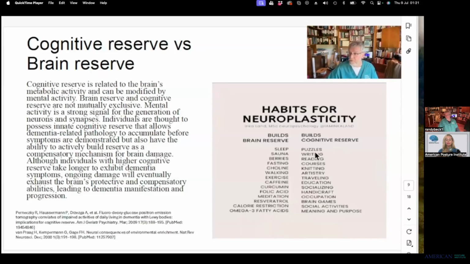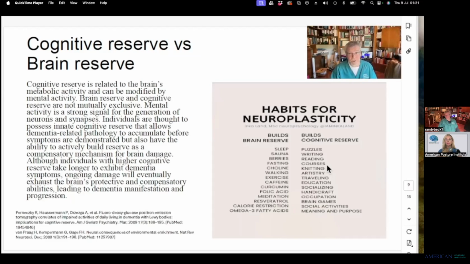Now, cognitive reserve is more about the synapses we were talking about, connecting synapses and neural networks inside the brain. So by doing activities like puzzles, writing, reading, doing different courses, even knitting, artistry, traveling to different places, different educational and socialization experiences, handcrafts and eye-hand coordinative activities.